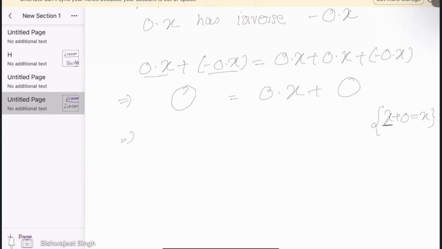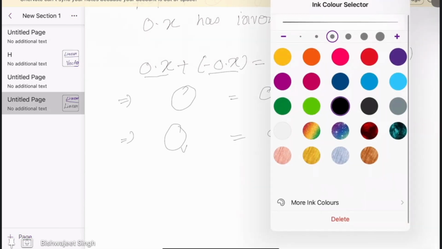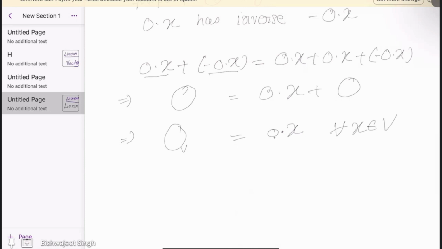So this x here is 0 dot x, which belongs to my vector space. So I got 0 is equal to 0 dot x. So this 0 is a vector and this is the real number 0. And this is what we had to prove for all x. So we just proved it.